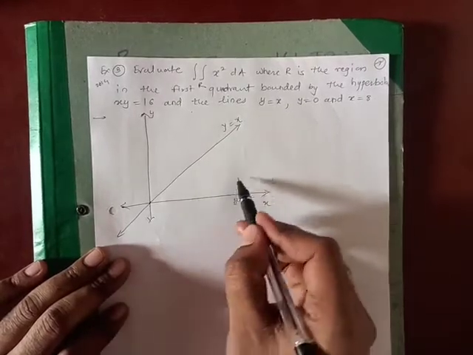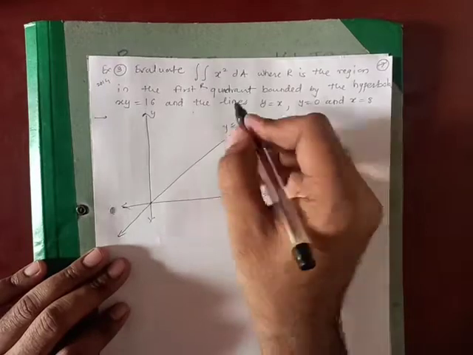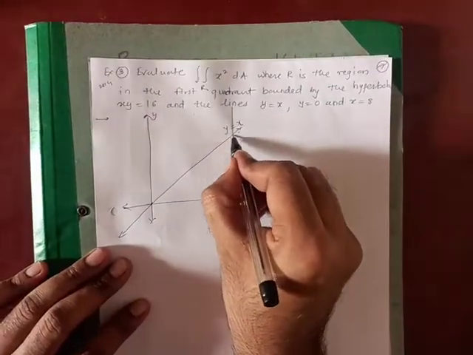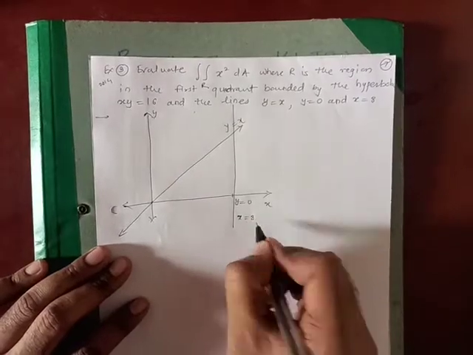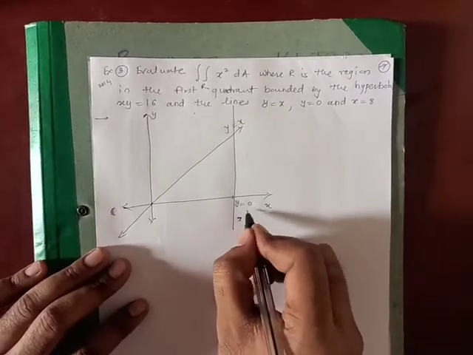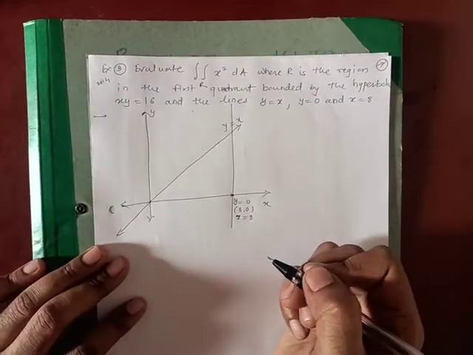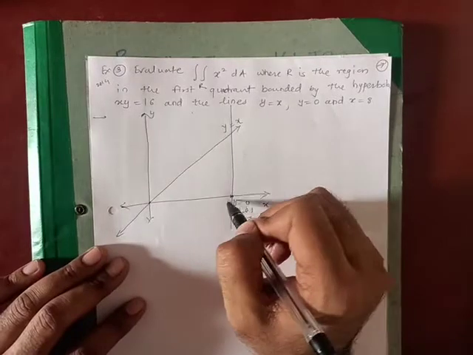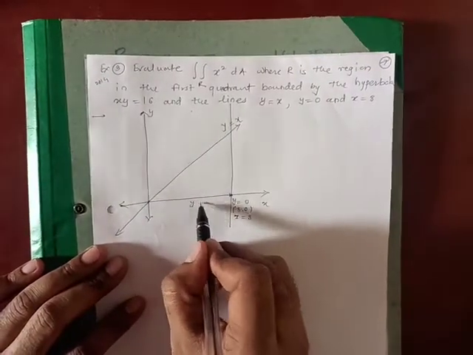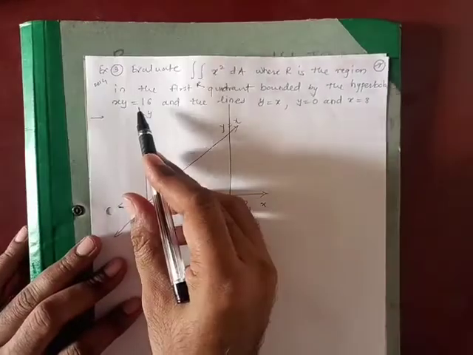If I say this is my 8, 1 2 3 4 5 6 7 8, then x is equal to 8 will be somewhat like this. So obviously this point will be 8 comma 0. Next is xy is equal to 16.